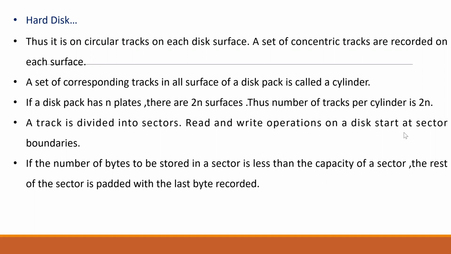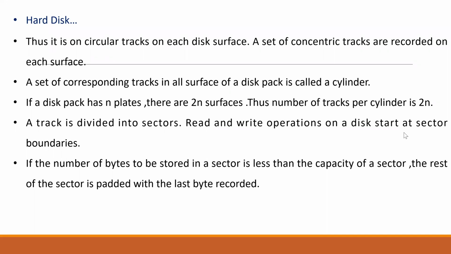If a disk has n plates, there are 2n surfaces, means double. If there are 10 plates, make it double, 20 surfaces are there. So the number of tracks per cylinder is 2n. A track is divided into sectors. Read and write operations on a disk start at sector boundaries, means from the first sector.